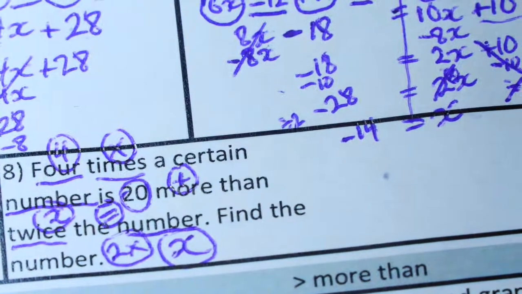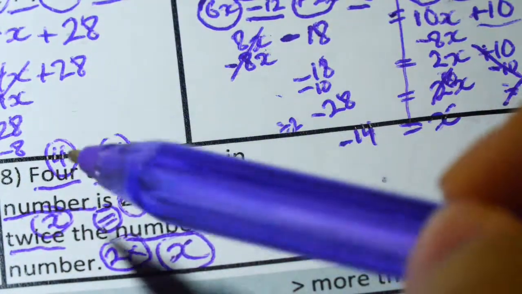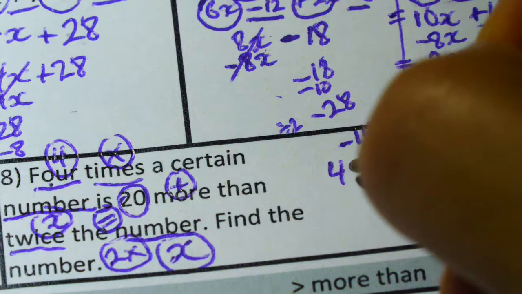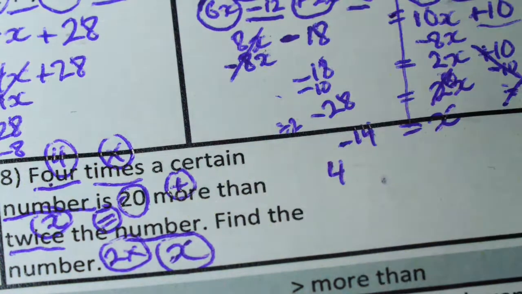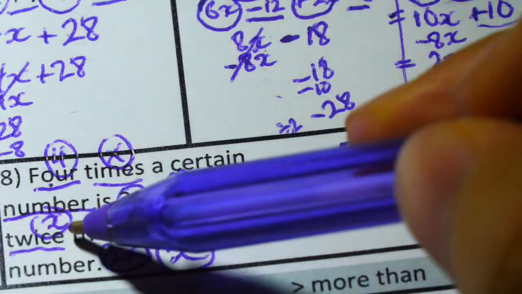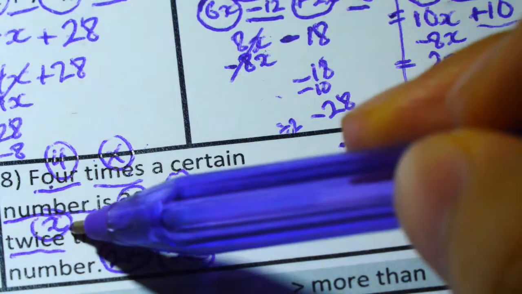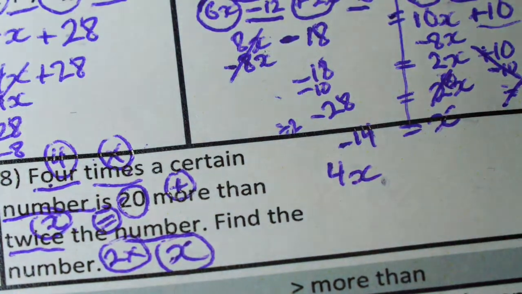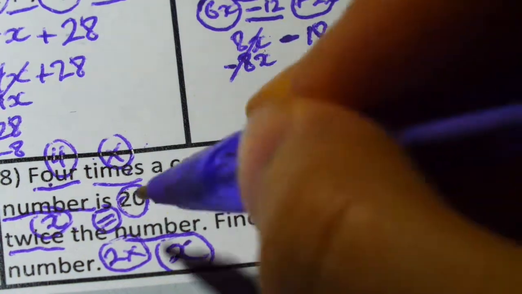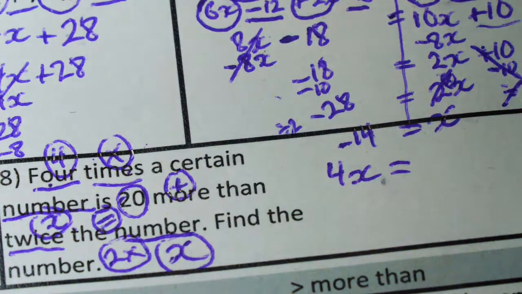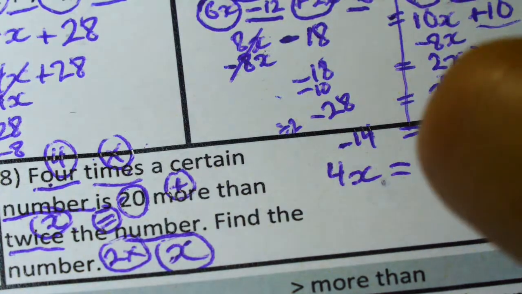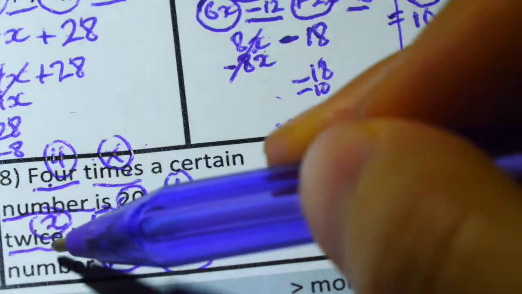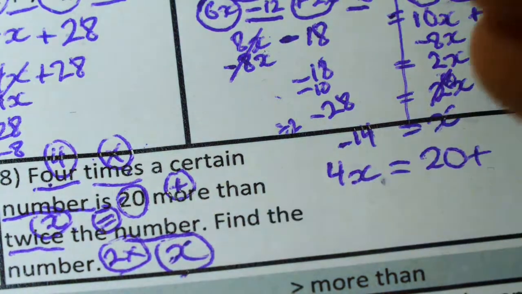So we're going to write this all together. 4 times a certain number. 4 times x. I'm going to write 4x. Is equal 20 more, 20 plus, then twice the number, 2 times x, 2x.